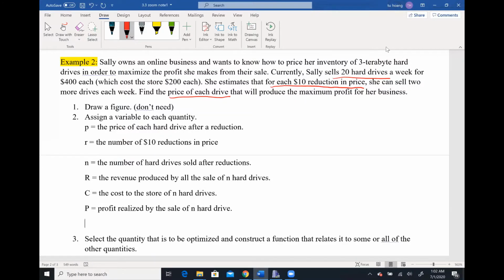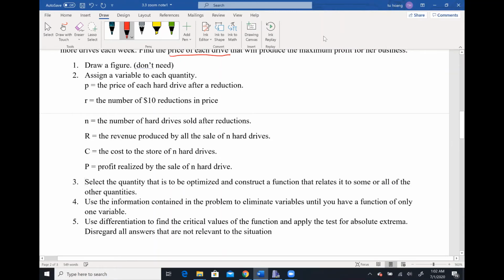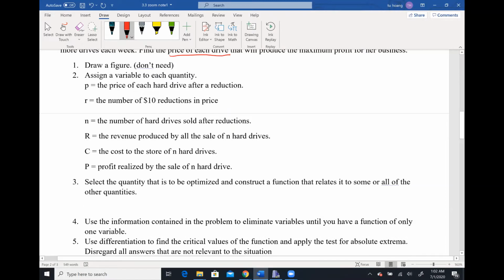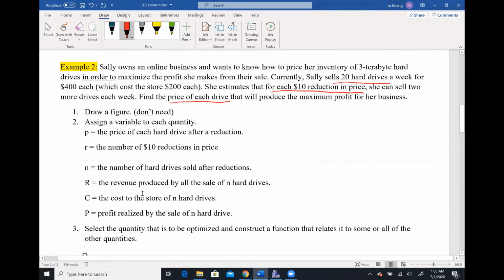Now I'm gonna move to step number 3 here. Step number 3 says to select the quantity that is to be optimized and construct a function that relates it to some or all of the other quantities. The quantity that I want to optimize, look at the last sentence, is to maximize the profit.